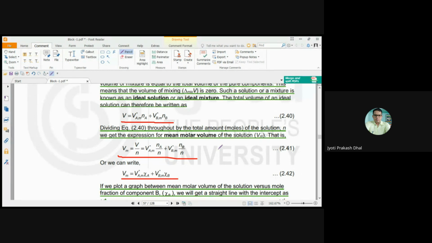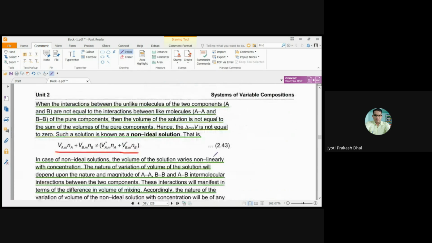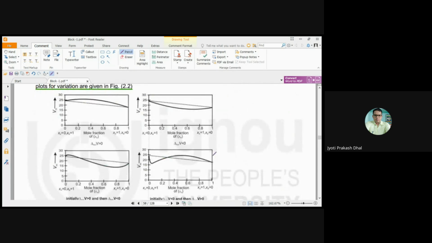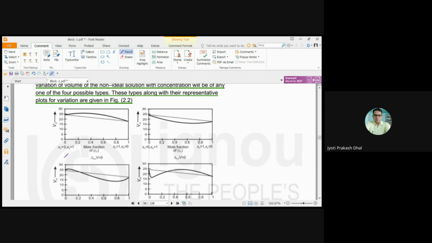In that case, the total volume of the solution will be greater than that obtained from the ideal value, and that is called positive deviation. So these are the graphs that describe the positive deviation and negative deviation from the ideal value.